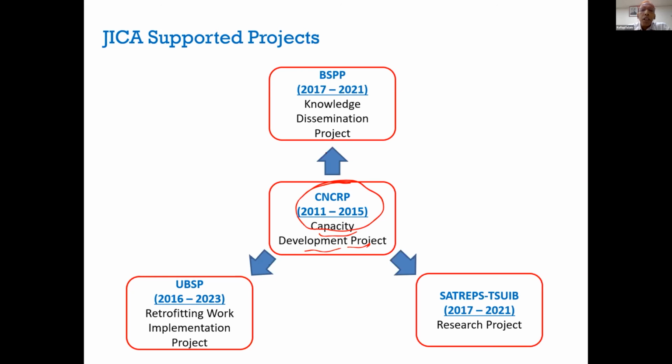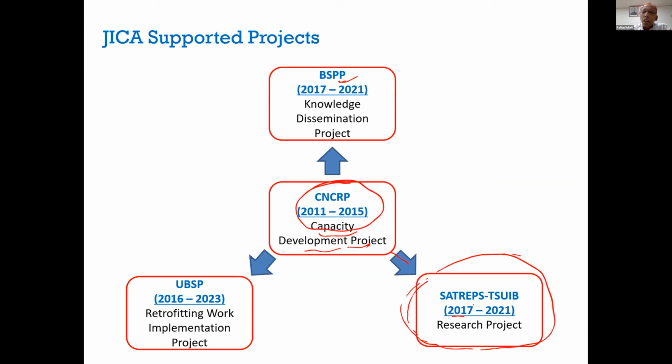After this project, we started another project now going on, BSPP, that is functioning from the PWD. That is the project of PWD. This is the knowledge dissemination project. There are many components, but the main objective is knowledge dissemination, from the knowledge we gained in the earlier project. From that project, we found some problems and referred for more research, and that's why the SATREPS-TSUIB project started.